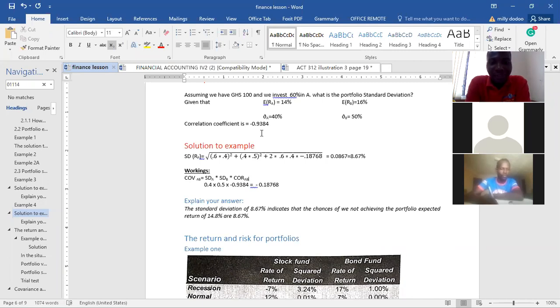And then the portfolio standard deviation on investments A and B is 3%. So expected return is 10%, the portfolio standard deviation is 3%.